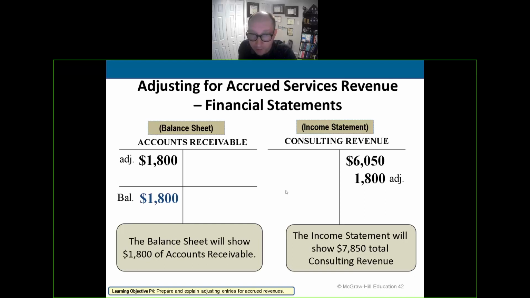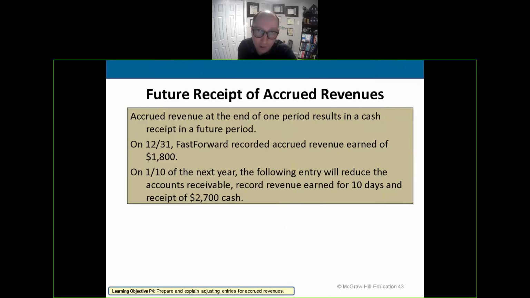And it shows you the relationship between the balance sheet and income statement. And then, of course, our customer's going to pay us more later on. So we recognize the 1,800 December 31, and then we'll receive more in January.